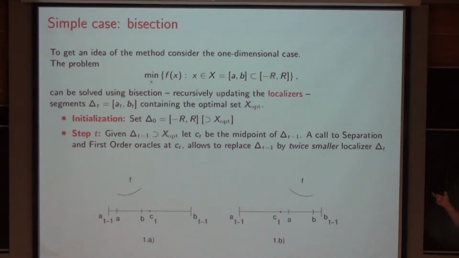We start with some localizer. We have an initial localizer for our optimal value, which will be delta 0. And we look at the middle point of the localizer. What can happen is that this middle point doesn't belong to our feasible set.